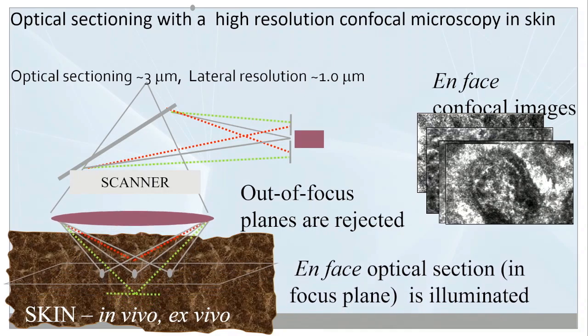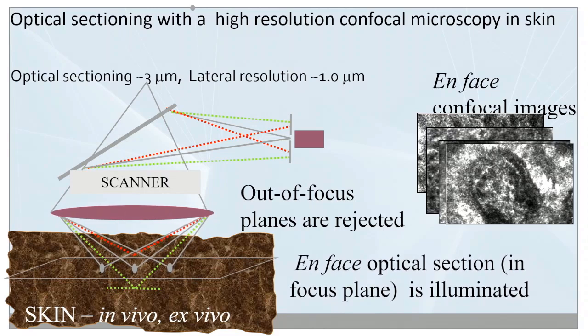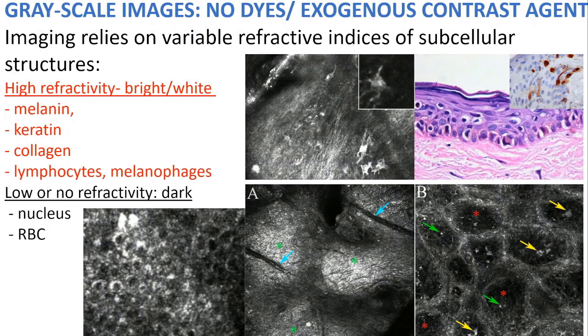So the image is a little different than how we would see normal histology, which is more bread loaf. This is en face. So you're getting a really nice overall picture of the skin. It comes in these grayscales, but now with this sort of optical histology, we're dyeing these black and white and gray images to reflect more of what histology looks like.